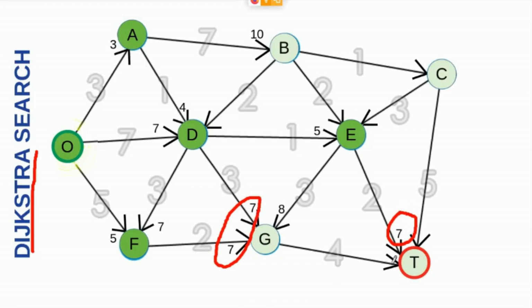So we could decide about one out of these 3 7s, right?